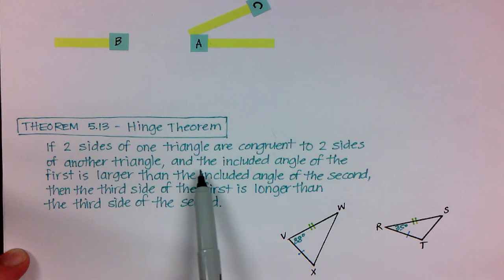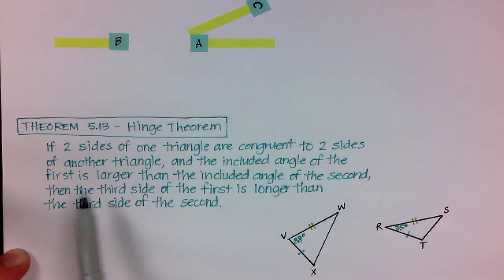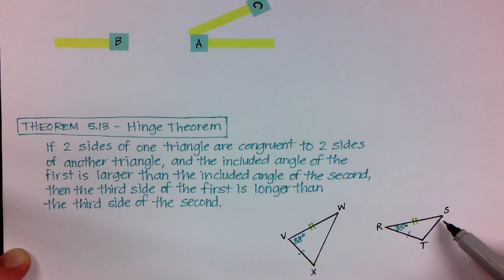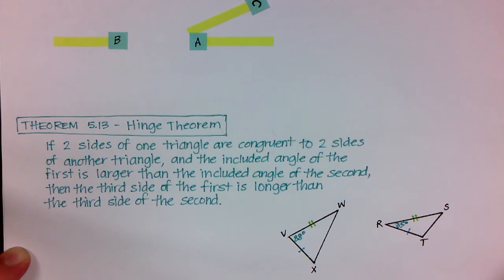And also, if the included angle of the first is larger than the included angle of the second, so included means the angle that's formed from those two sides, then the third side in that first triangle is going to be longer than the third side of that second triangle. And that's what this theorem is stating.